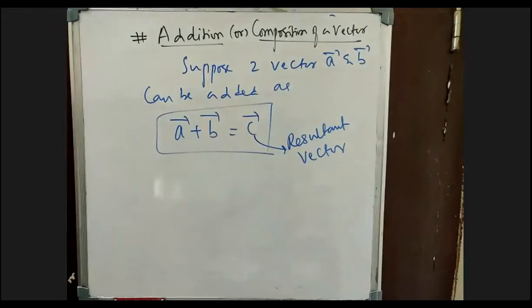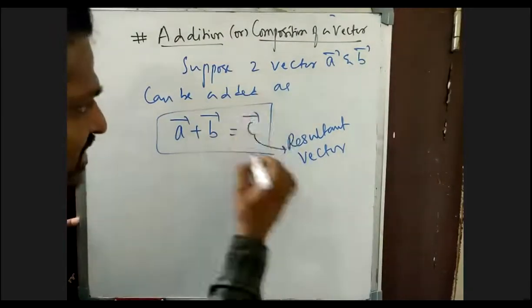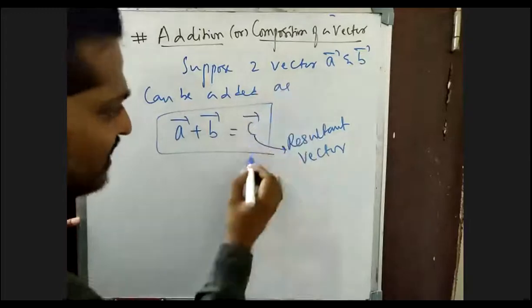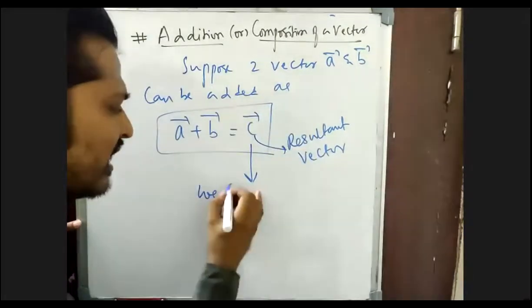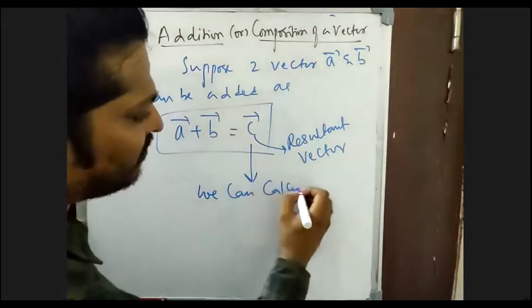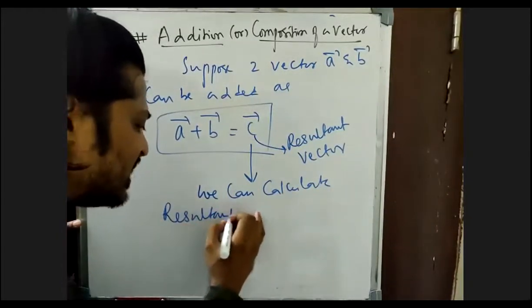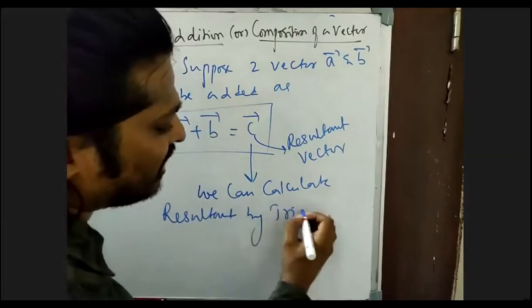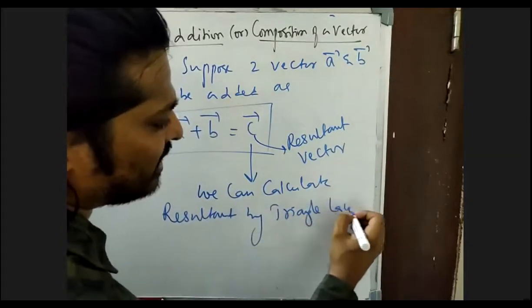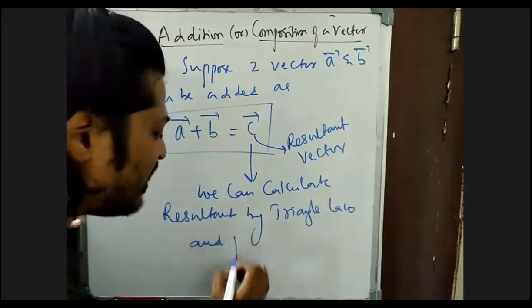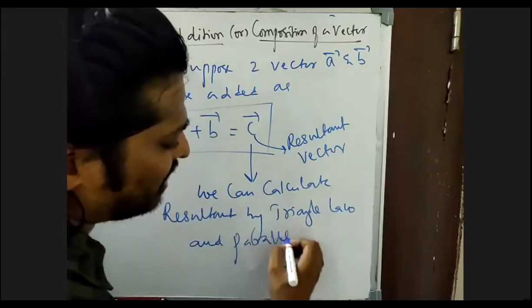This can be done by the triangle law or the parallelogram law of vector addition. That means we can calculate the resultant by the triangle law and by the parallelogram law.